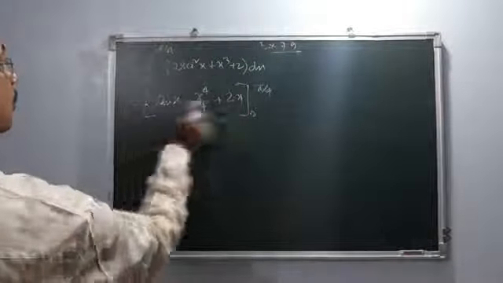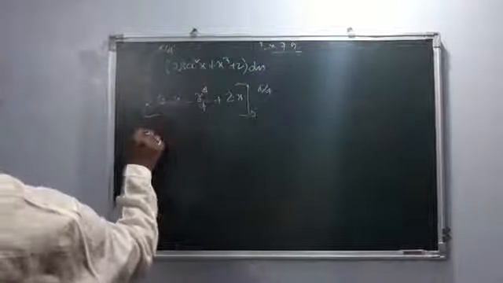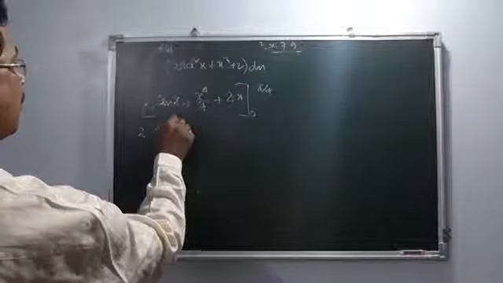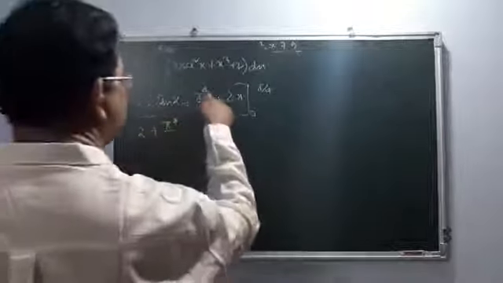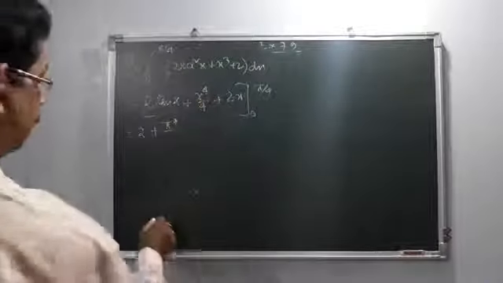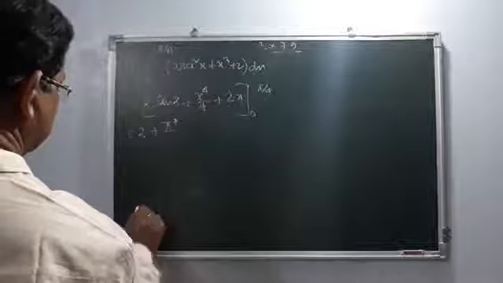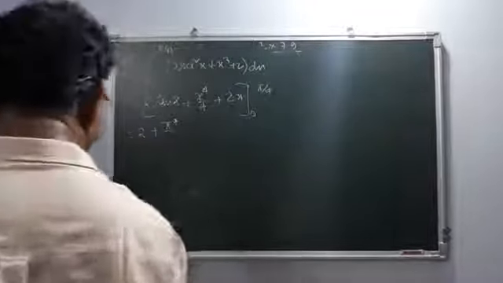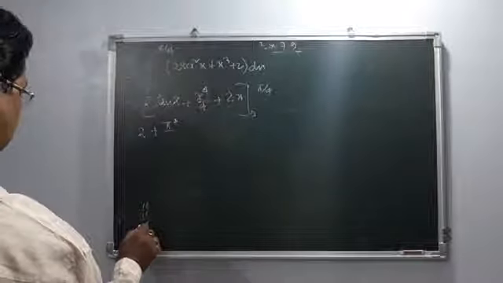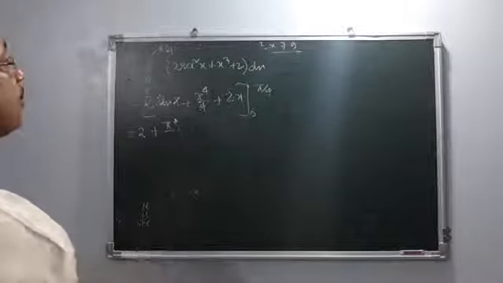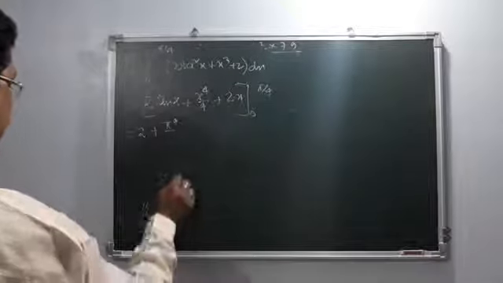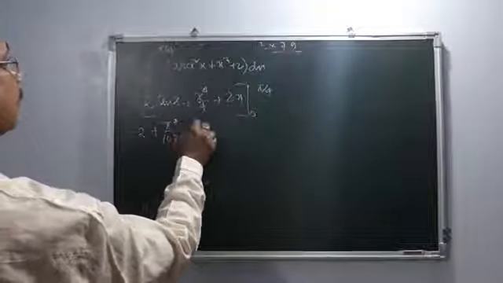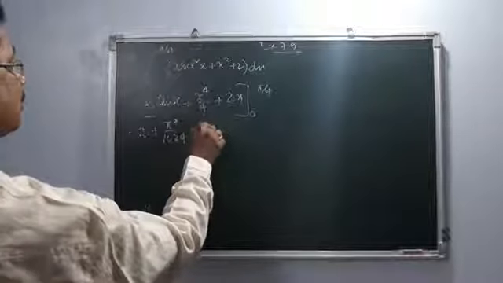So if we put pi by 4, tan of 45 degrees is 1. Here it is pi to the power 4 over 4 to the power 4 times 4. 4 fours are 16, 16 sixteens are 256, 256 into 4 will give 1024, plus pi by 2.